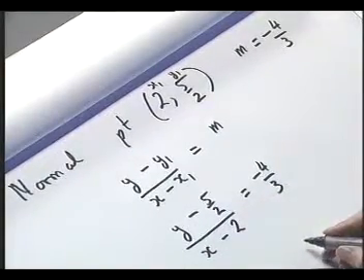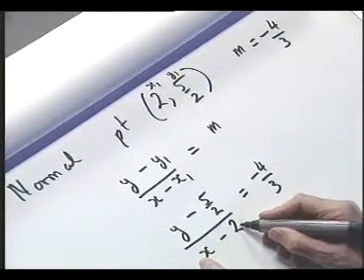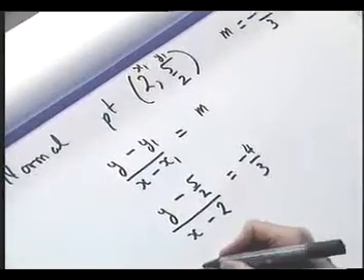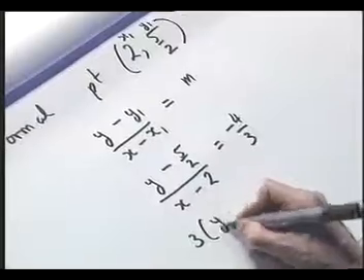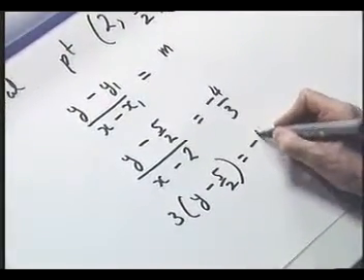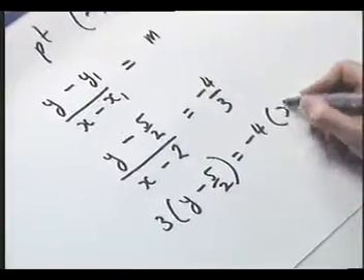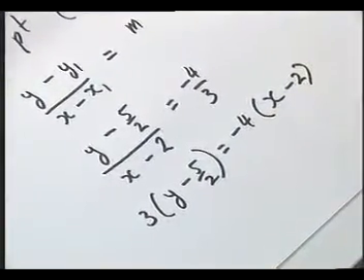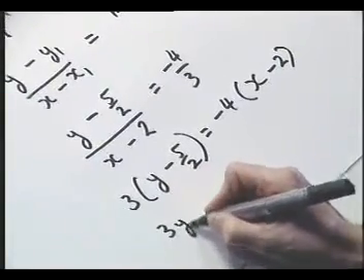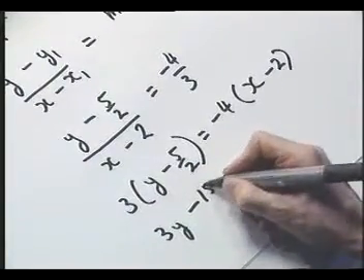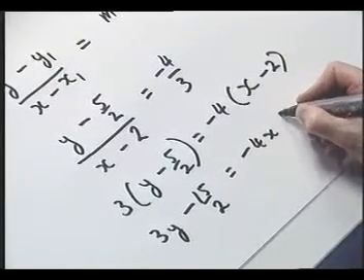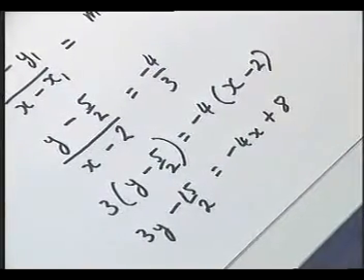Let's multiply up by x minus 2 and by 3. So we have 3 times y minus 5 over 2 is equal to -4 times x minus 2. Multiply out the brackets. 3y minus 15 over 2 is equal to -4x plus 8.